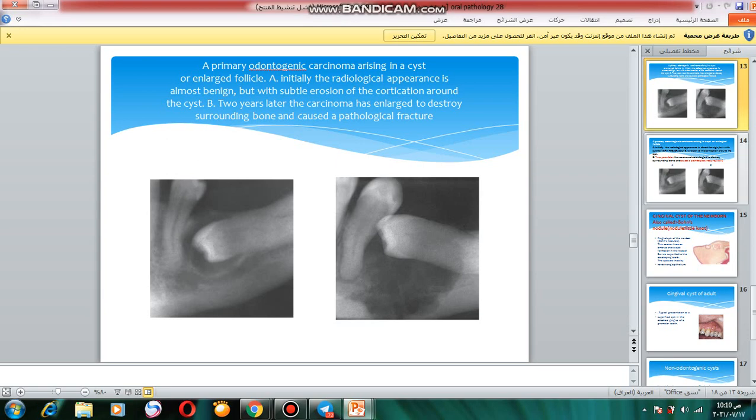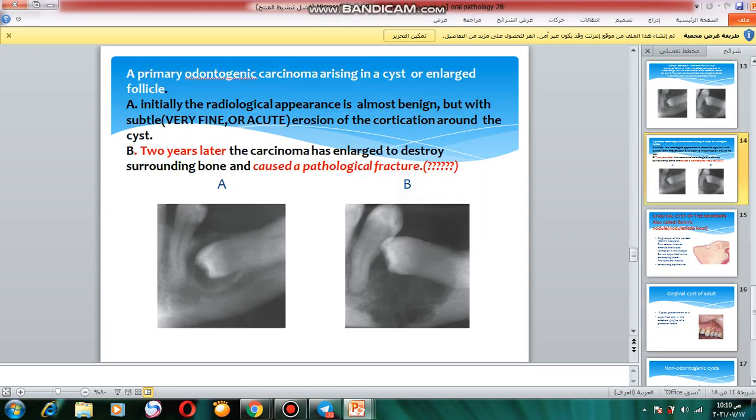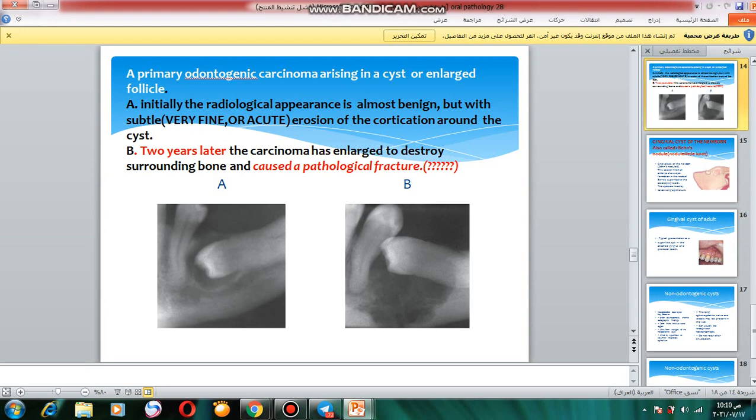We go to slide number 14. As you can see, this patient had a pathological fracture. How did this fracture happen?